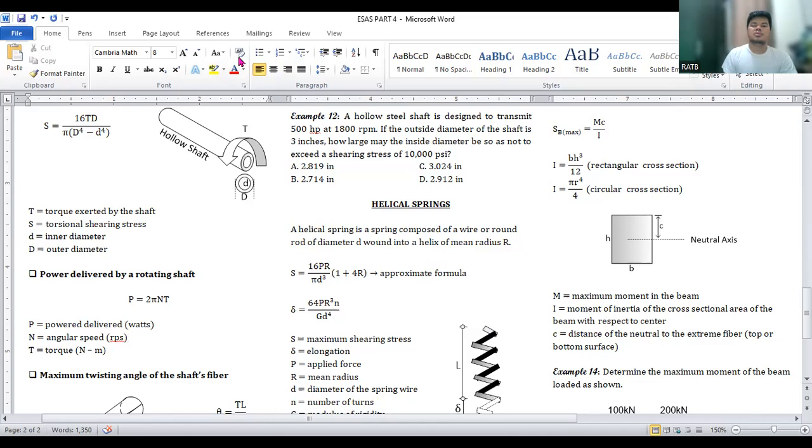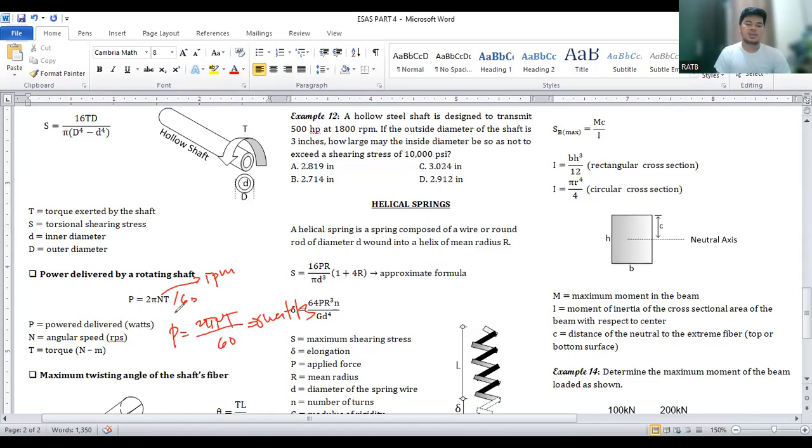Usually, if N is in terms of RPM, which is most likely the case, then this will be over 60. So power is 2 pi N T over 60, in units of watts.